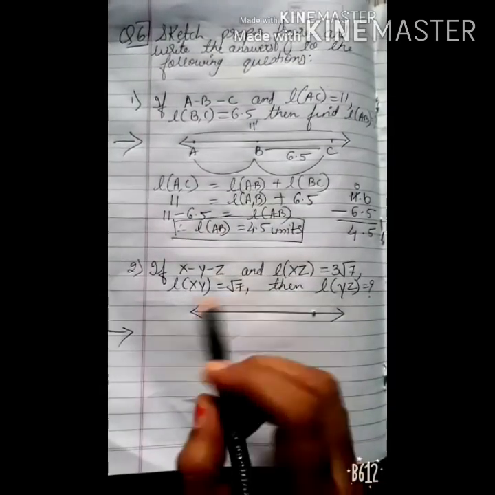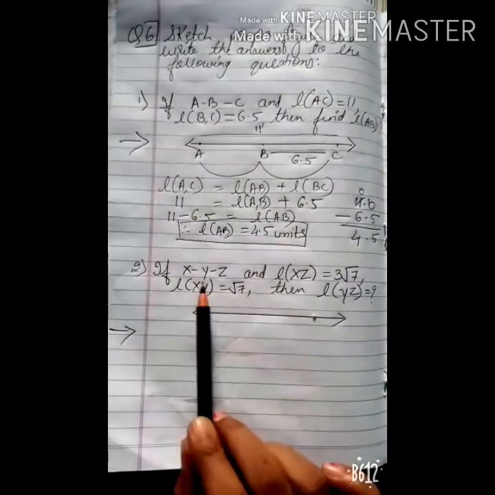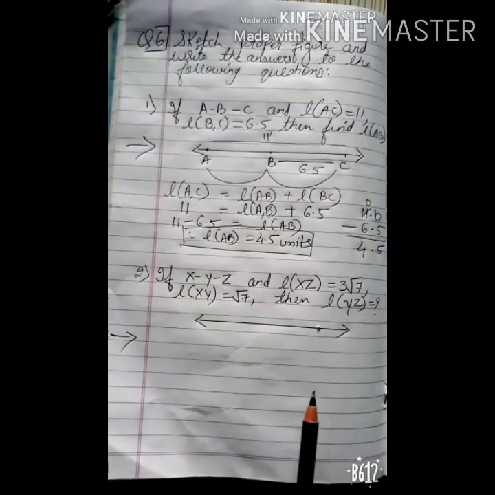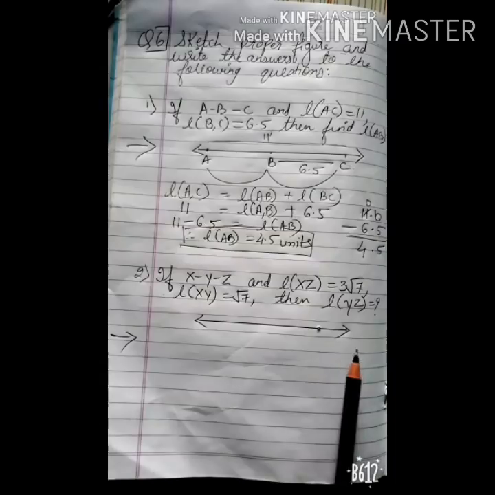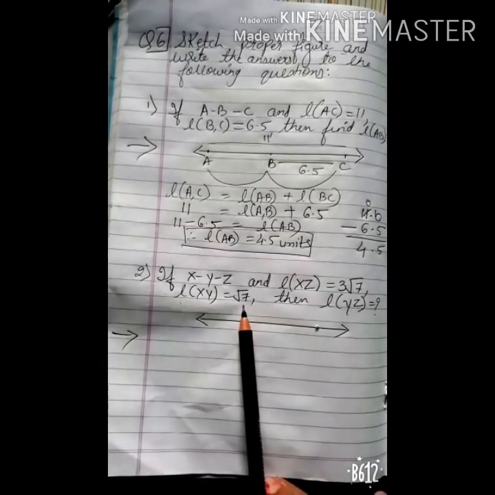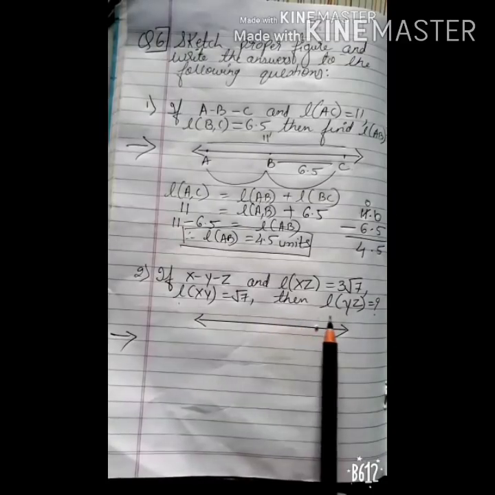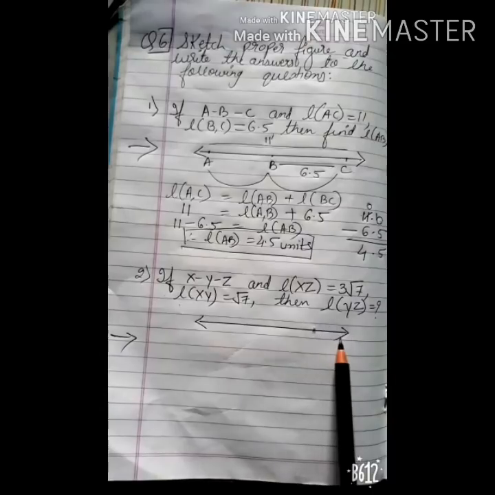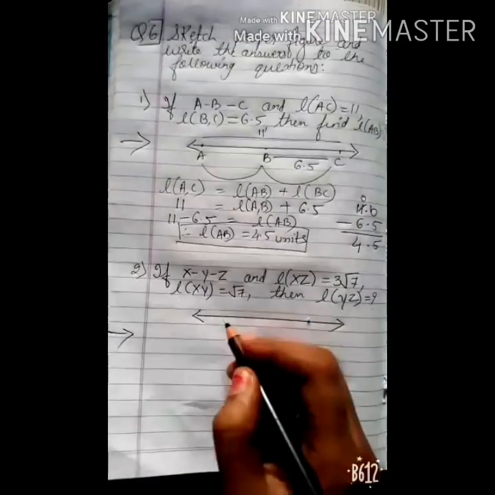Second sum, if x, y, z are collinear and length of xz is given 3 root 7, length of xy is given root 7, then we have to find length of yz. Here I have already drawn one line. Now we will give the names x, y, z to this line.